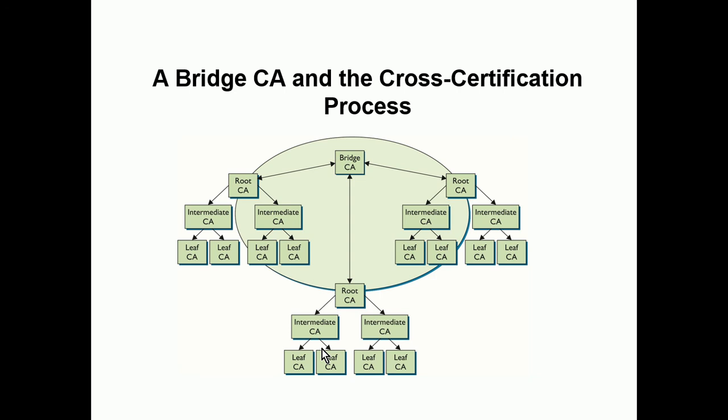In this example, we have a bridge CA between these various root CAs, which all trust each other, and then below the root CAs is that hierarchical structure we talked about before. You couldn't really have the entire internet on a peer-to-peer trust because it would be way too complicated. So there has to be a finite number of root CAs that we trust, with a hierarchical structure below, where updates and revocation lists and all of that are carefully controlled.